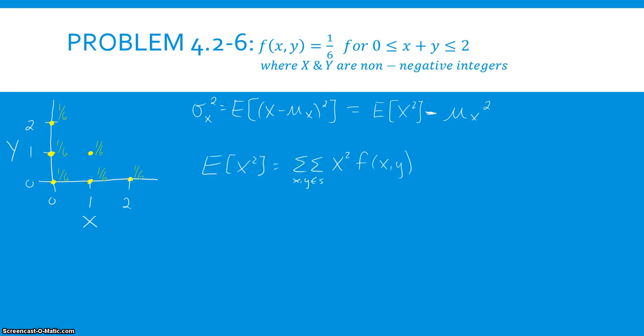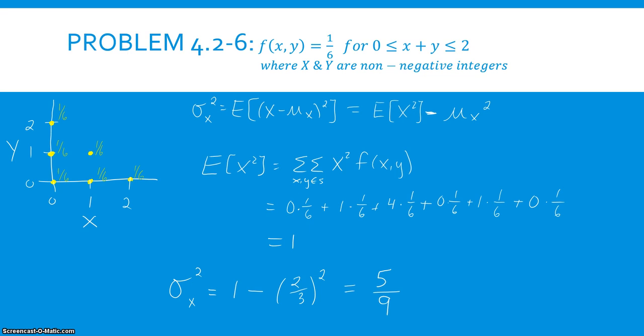I find the expected value of x squared by taking the sum over all of the possible xy combinations in the sample space of x squared times f of xy. Gives me an expected value of x squared equal to 1. And then to find the variance, I subtract my mean squared, and it gives me a variance of x, sigma squared sub x, equal to 5/9.